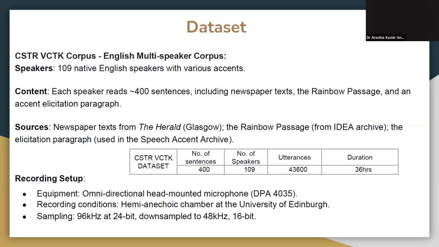We have content from TISB and TADB, including newspaper text, the rainbow passage, and an accent elicitation paragraph. That is, text independent and text dependent are the two variants we have. Text dependent are the rainbow passage and elicitation paragraph, whereas text independent are several newspaper articles given to each individual of the 109 speakers, capturing around 400 sentences from each of them.